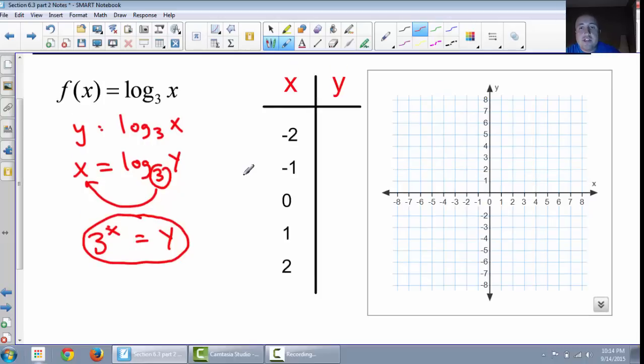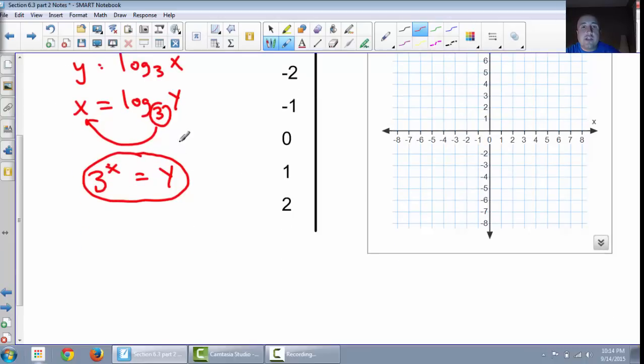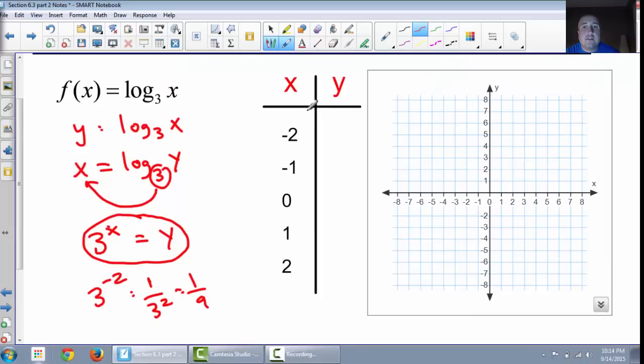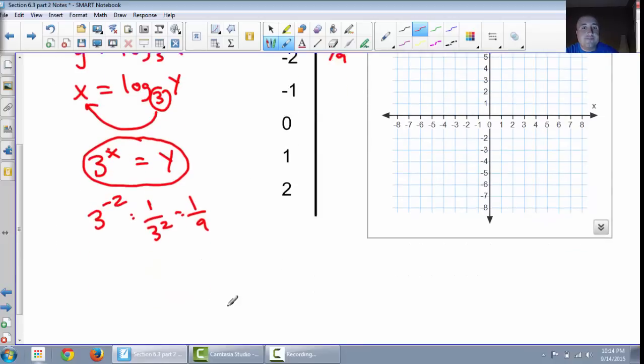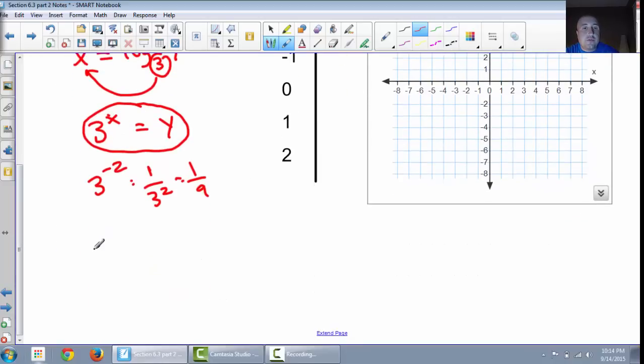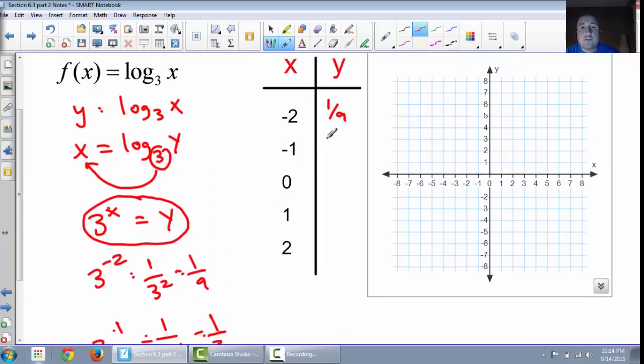All right, so we're going to plug in -2 first. So 3 to the -2 is equal to 1 over 3 squared, which is equal to 1/9. Now we're going to do -1. So 3 to the -1 is equal to 1 over 3 to the first, which is just 1/3.